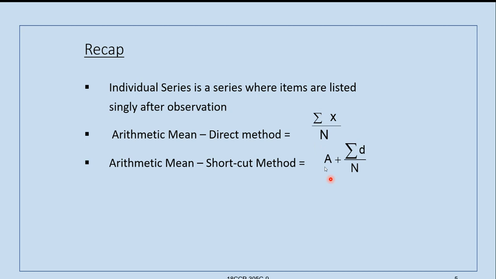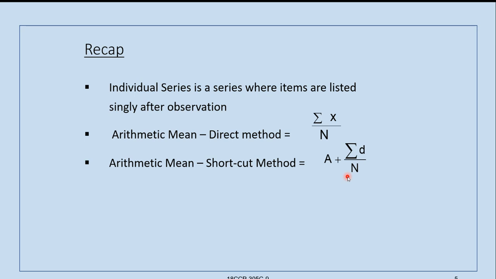Whereas in shortcut method, we have taken three columns, where in the first column the name of the observation, and in the second column the value of the observations given, and in the third column we will take the deviations taken from actual observations minus assumed mean.